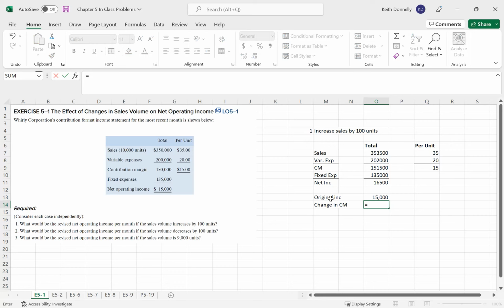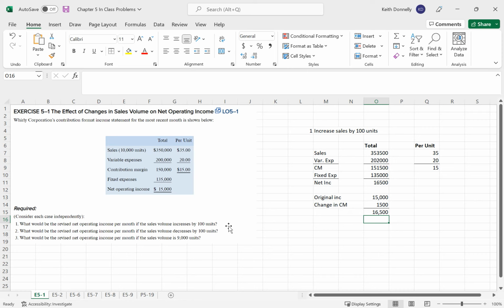So in this case, 100 additional units with a $15 contribution margin per unit gets you 1,500. Same idea, you're still at 16.5. This is just an alternative way to get there. So we've looked briefly, if you increase the sales, you increase the contribution margin, which increases your net income.